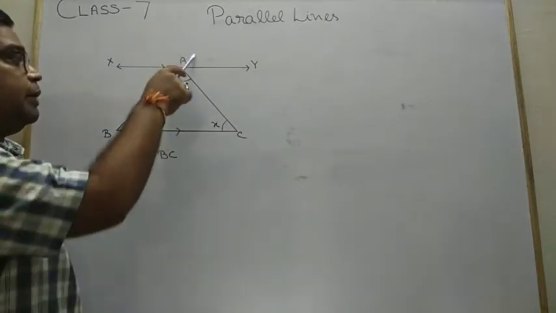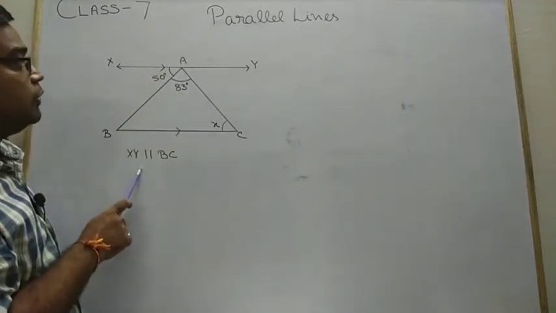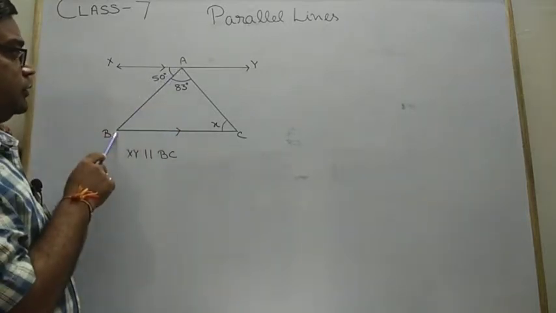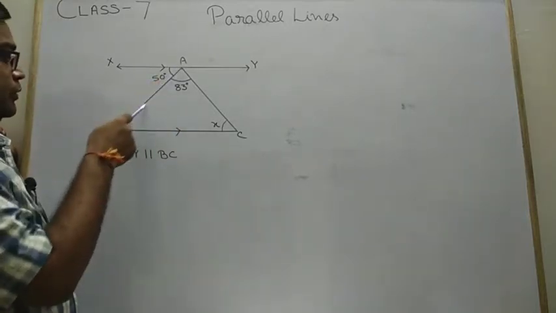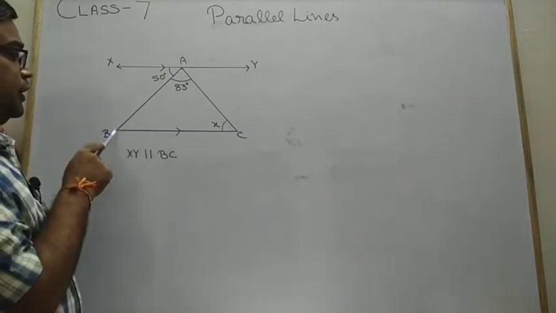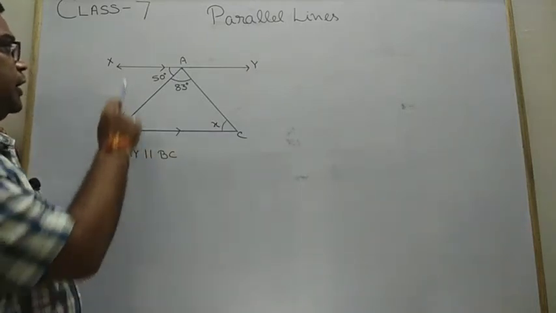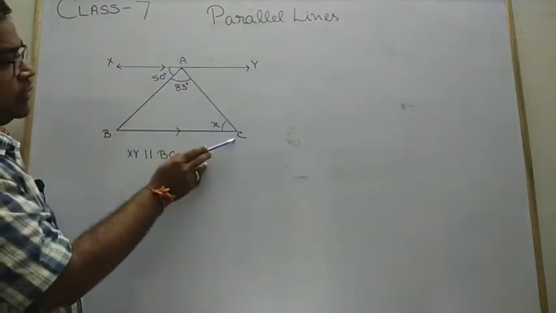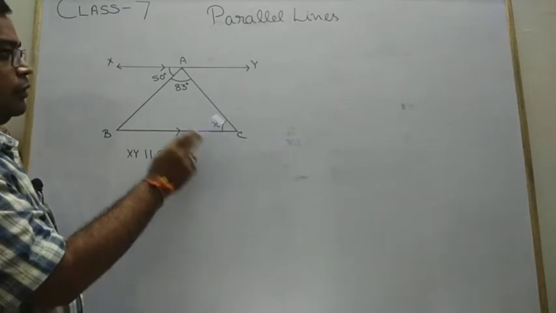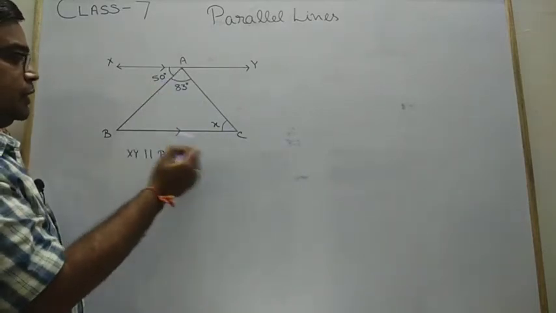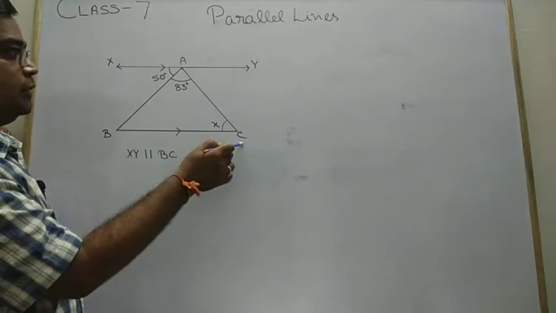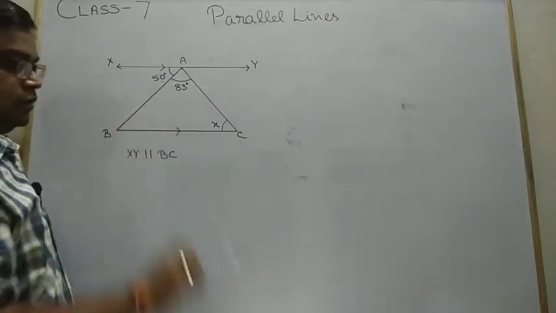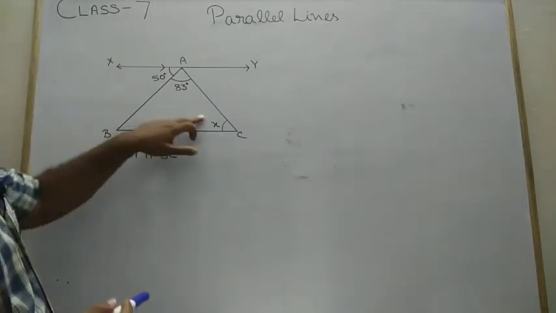Then we can say that AB is a transversal, because line segment AB meets line BC at B and XY at A, and also AC is a transversal because AC meets BC at C and XY at A. So these two are transversals. The question says find out x.